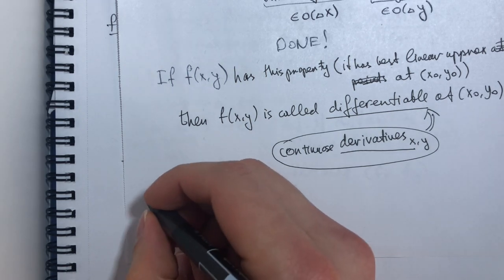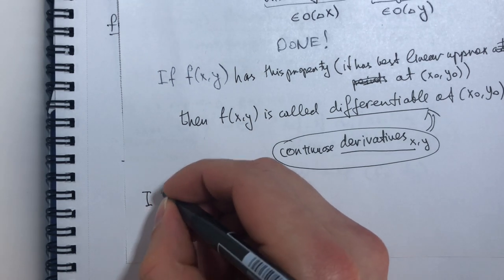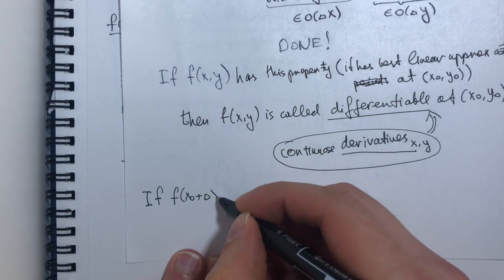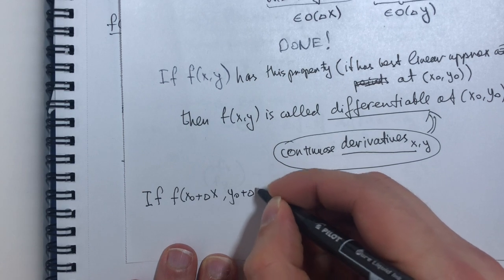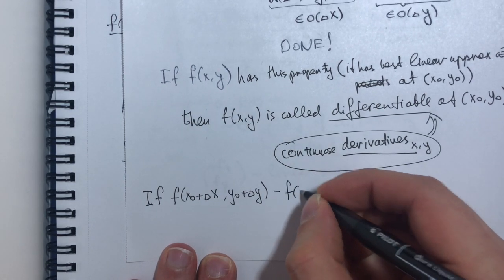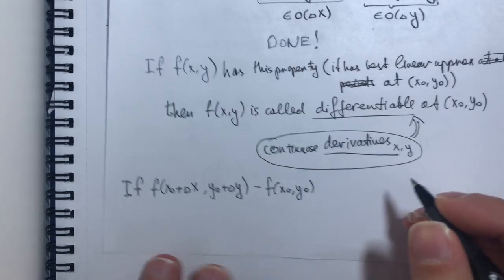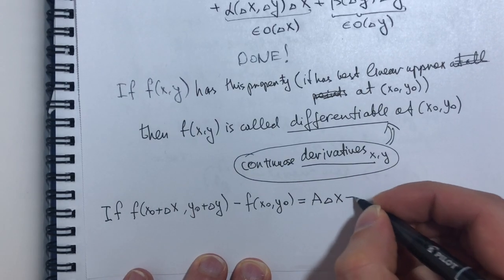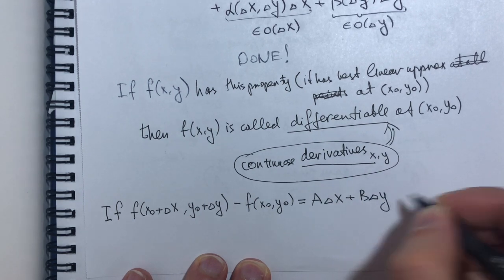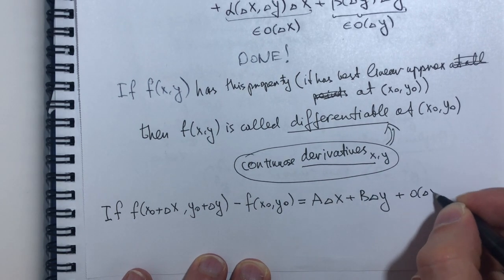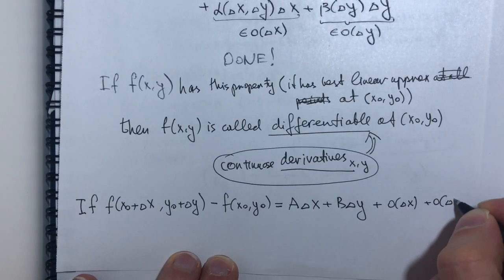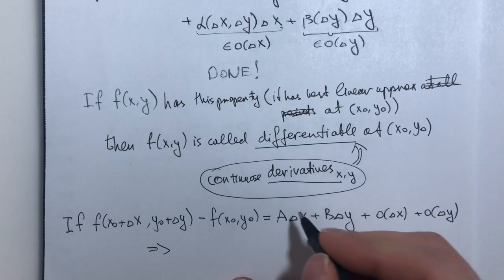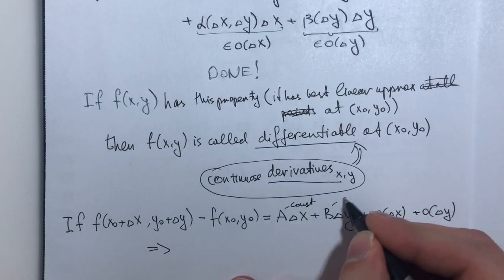Well, here's what we can say. If we again take our function and we want to know this difference, and if we know that we can rewrite it like that, plus O of delta x plus O of delta y, then A and B are constants, yeah, these are constants.